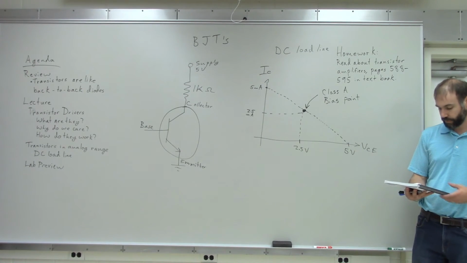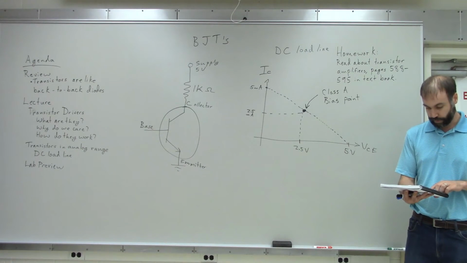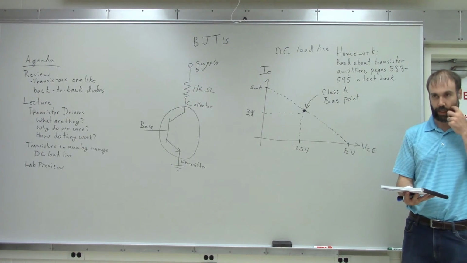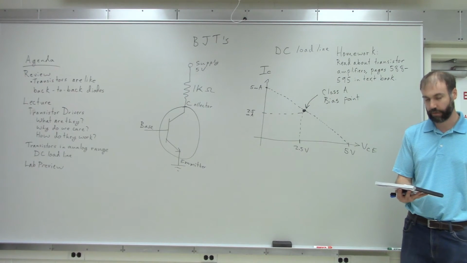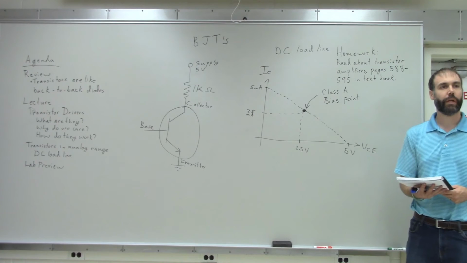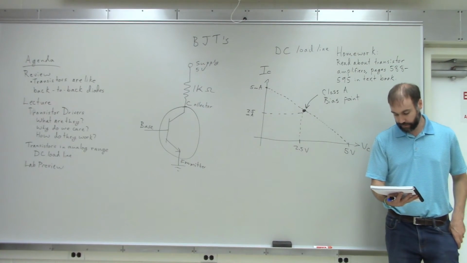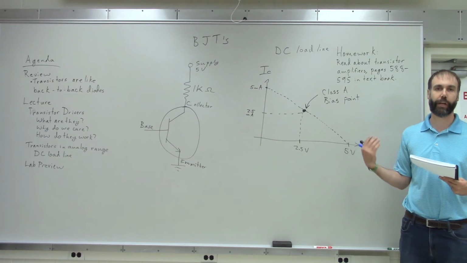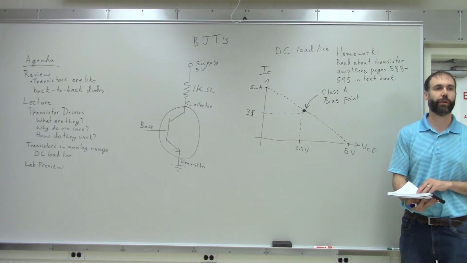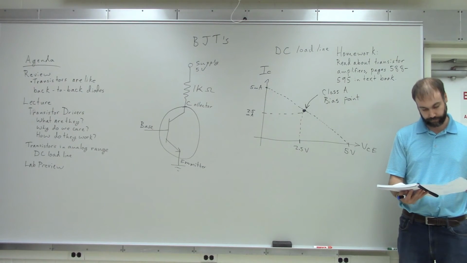You're going to set up the circuit, and you're going to actually measure the beta, which is the gain. You're going to measure that with your meters, and then use that to calculate how much current you need flowing into the base to turn that transistor all the way on. And then you're going to select a resistor that allows you to do that. Okay.